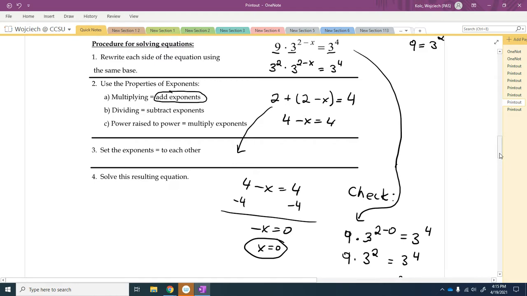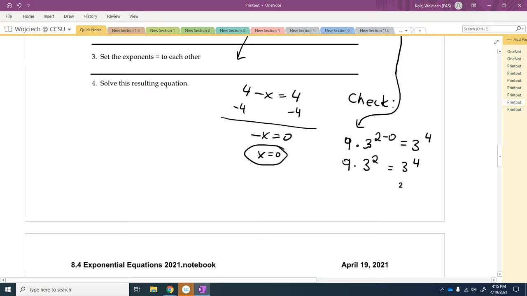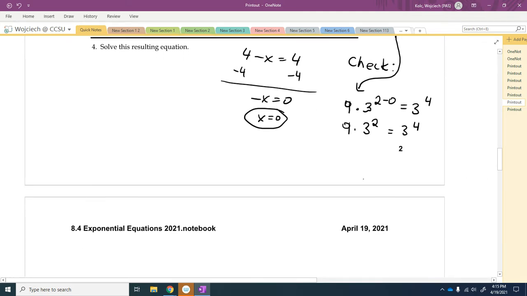This will be 9 times 9, and 3 to the fourth is technically 3 times 3 times 3 times 3, which is 81. 81 is equal to 81. Therefore, x equals 0 is the correct answer.